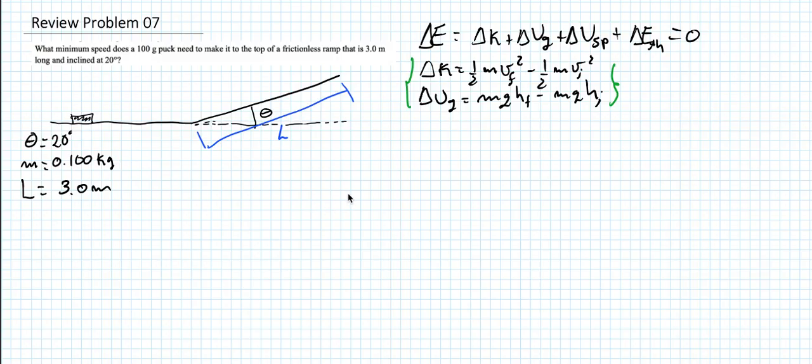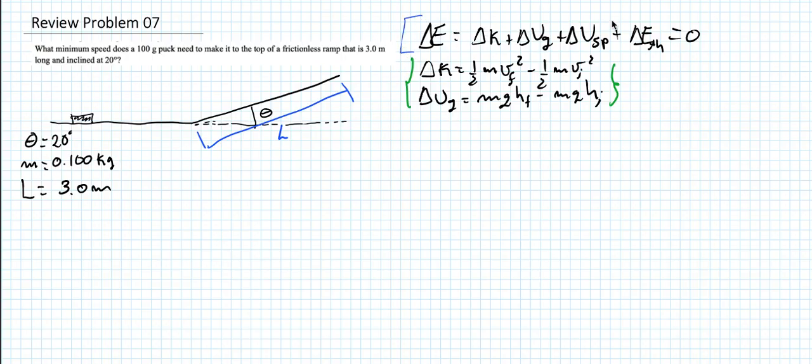Okay, so this problem is for algebra-based physics, right? What we are talking about here is conservation of energy. You remember that we can use this specific equation.